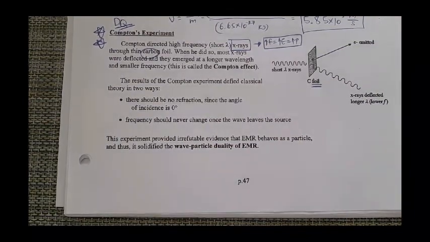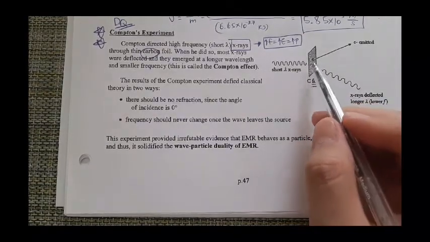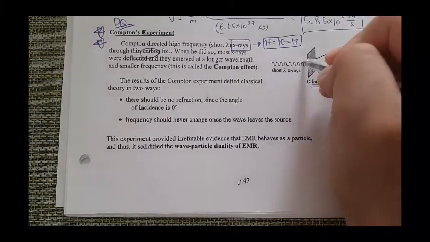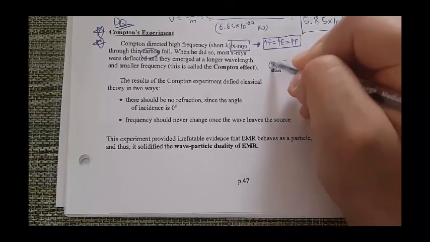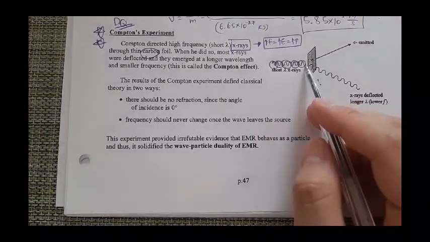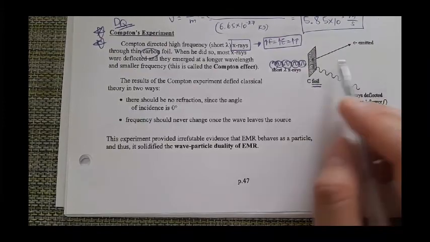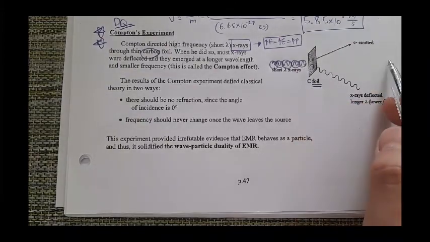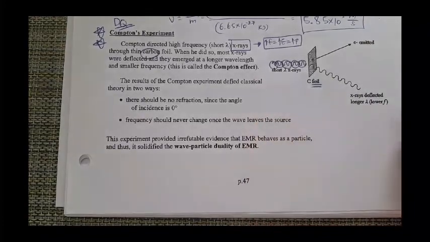And when he sent that X-ray, if you truly believe the photon is massless, I'm going to draw each of the photons, then if it's a wave, it should go through with no problem, in the same direction, or it will be reflected back, maybe refracted, but shouldn't emit anything because there's no momentum.